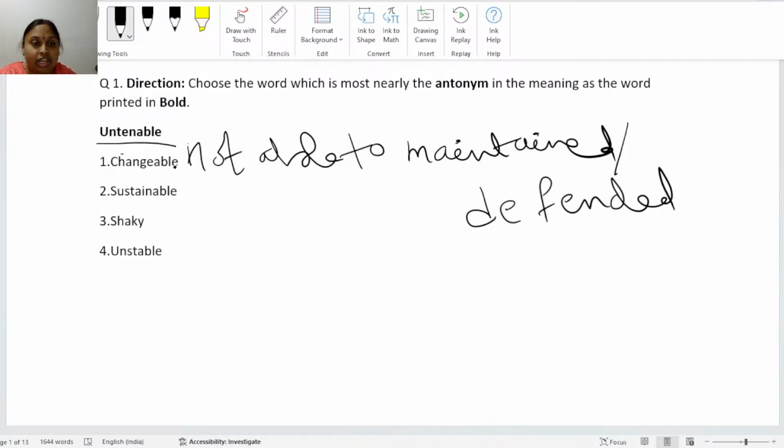So next we have the remaining options. Here we will discuss the meaning we are supposed to take for all of these. The first option they gave is changeable. That can be unstable.